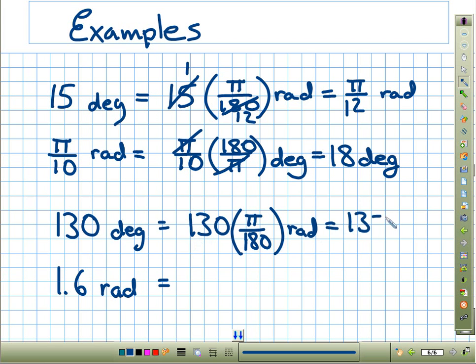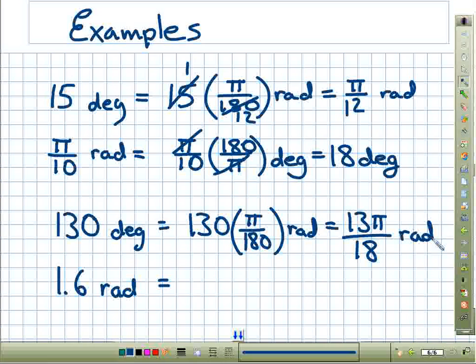So that's 13 pi. And 10 will go into 180 18 times. Okay. Any questions about that? Okay, let's look at the next one.